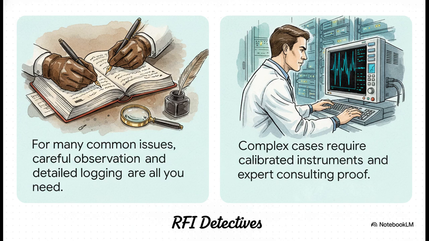Well, it really depends on the case. For a lot of the common stuff, believe it or not, all you really need are your own eyes and ears. That detailed logbook we mentioned, that's your number one tool. But for the really complex, high-stakes situations, think hospitals, data centers, that's when you've got to call in the forensics team. We're talking professional, calibrated instruments to get that rock-solid, definitive proof.